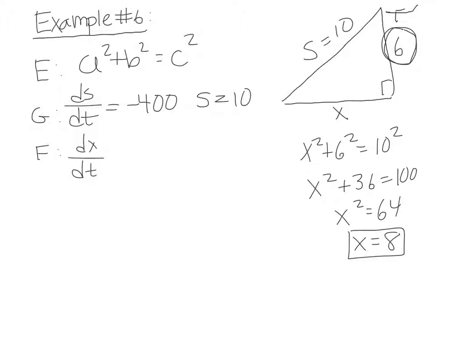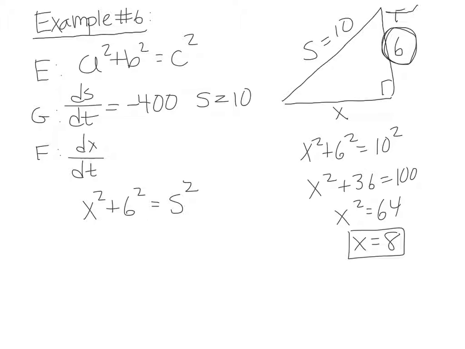So before substituting any of those values in, I need to generate my related rates equation. The related rates equation that I am going to write down here is x squared plus 6 squared is equal to s squared. Again, I don't want to plug in those constant values because they're technically not constant as the plane is moving.